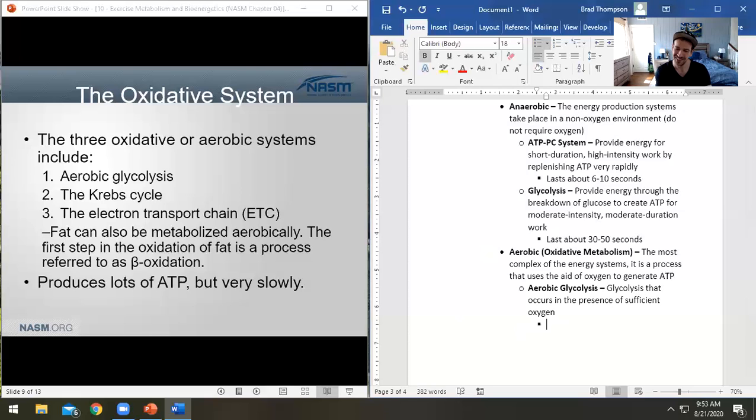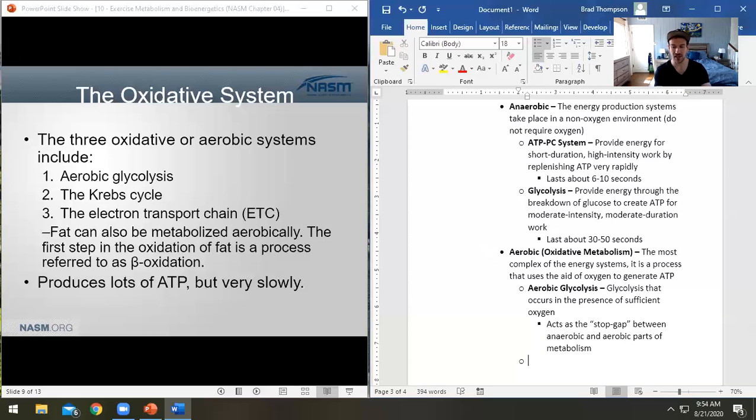That's aerobic glycolysis. It acts as the stopgap between anaerobic and aerobic parts of metabolism. There we go.